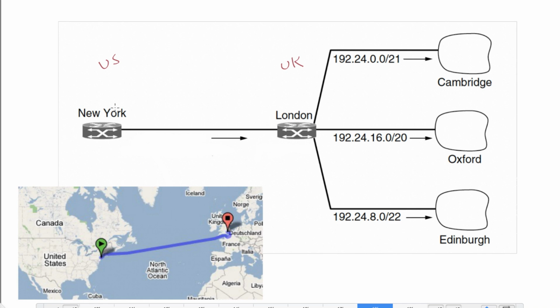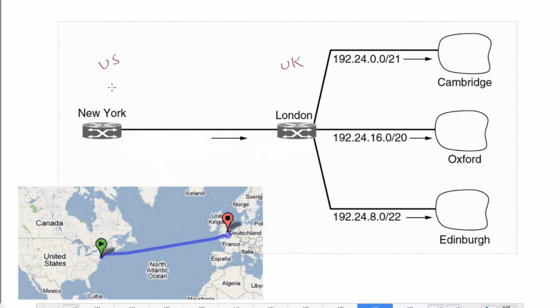Like if something is starting from 192.24, I'm just speaking roughly, then it should get forwarded in this direction. For the US, it only matters whether you are going to the UK or to some other country. It does not matter where in the UK this packet is going.